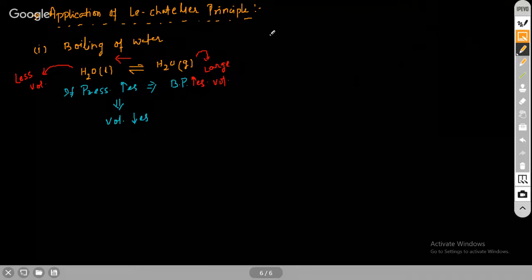Right. Now, second case we take, that is melting of ice. Melting of ice means H2O solid is converting into H2O liquid. In this, you tell me, as pressure increases, then what happens? More water will form or more ice will form?